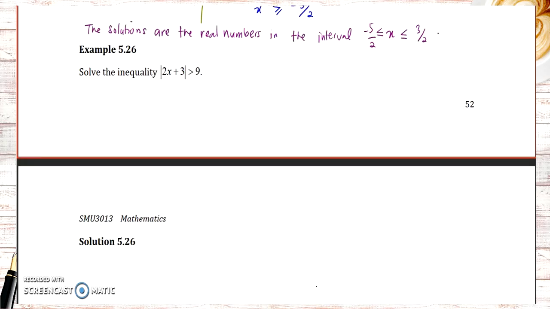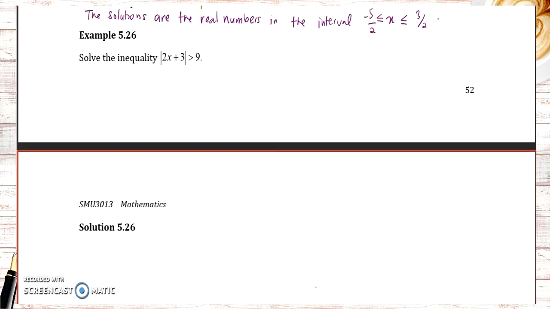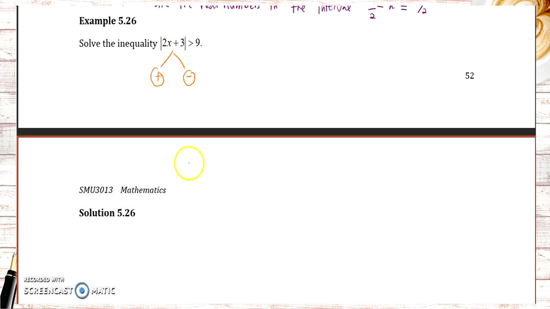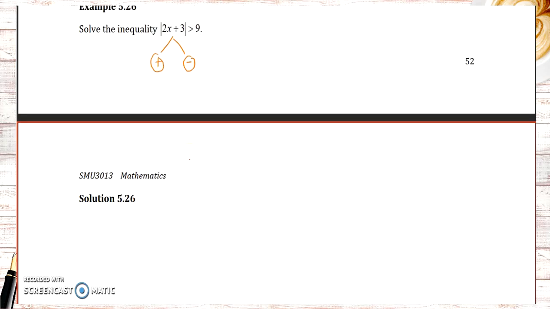Now for example 5.26, we have to solve this inequality. We know that inside this modulus, the expression can be positive and also negative. So first we write the positive inequality.